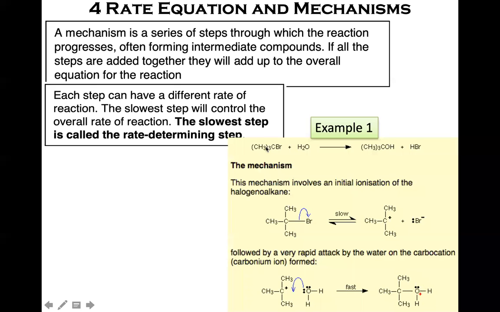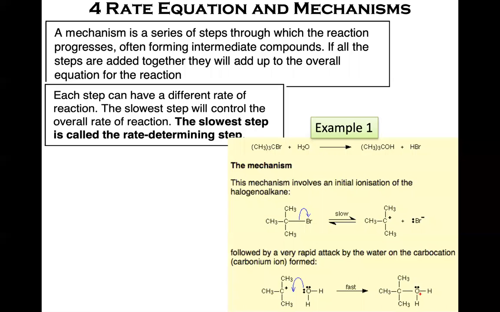So a reaction, even though we see it as one line, straightforward from reactants to products, sometimes involves multi-step stages. That means to transform my reactants to products, I need 2 steps for this particular reaction.